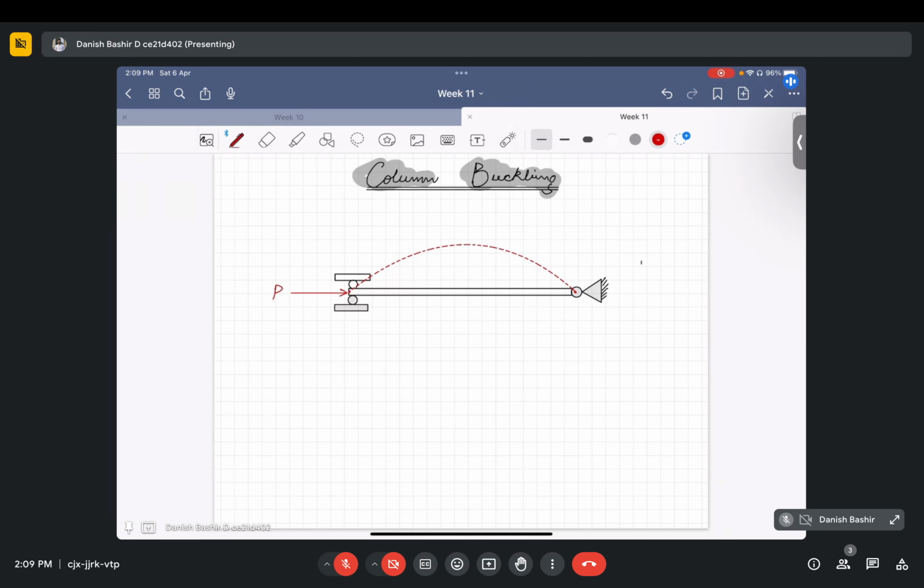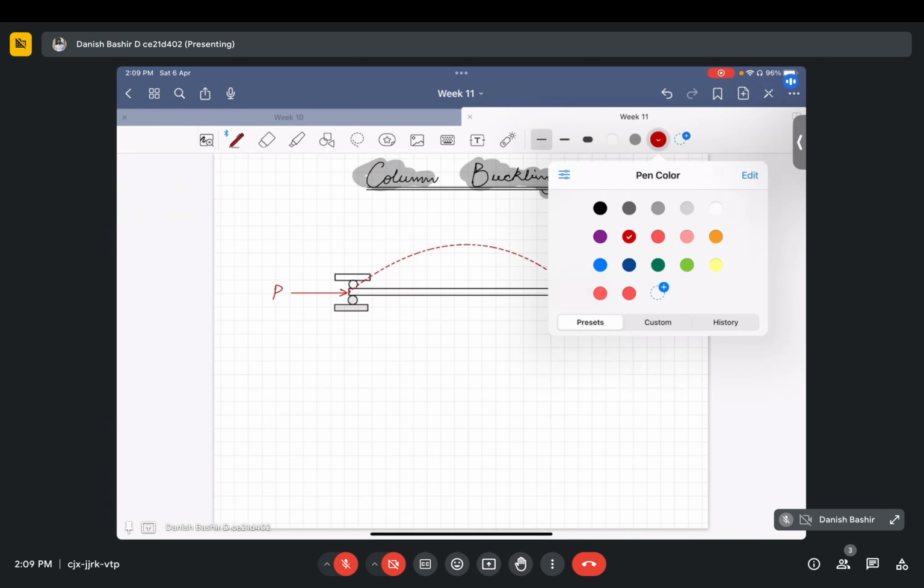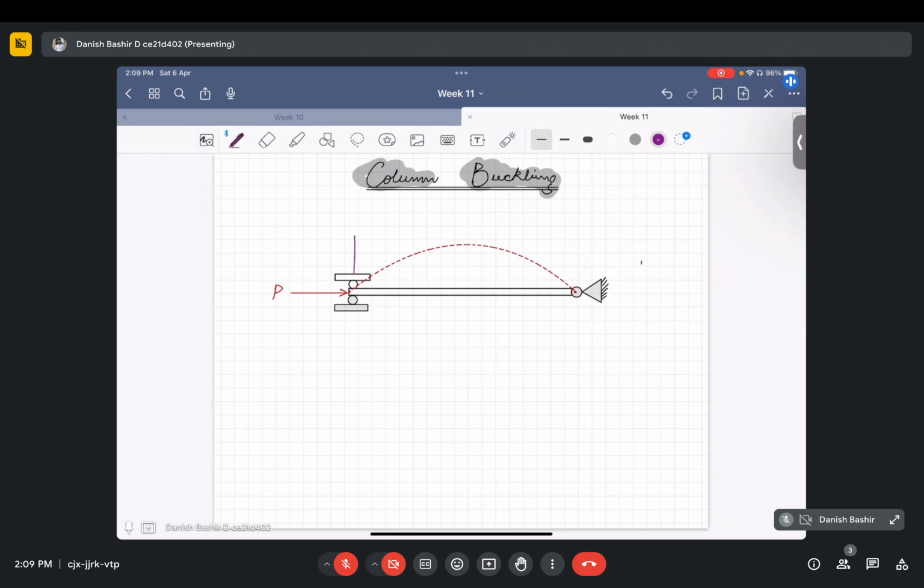Then what else is there? This column has a transverse displacement, in this direction. Let us denote that displacement by W. This column has a total length of L. Here, total length is equal to effective length because this is a pin-jointed column. Let EI be constant for this column section. All these things we have given.